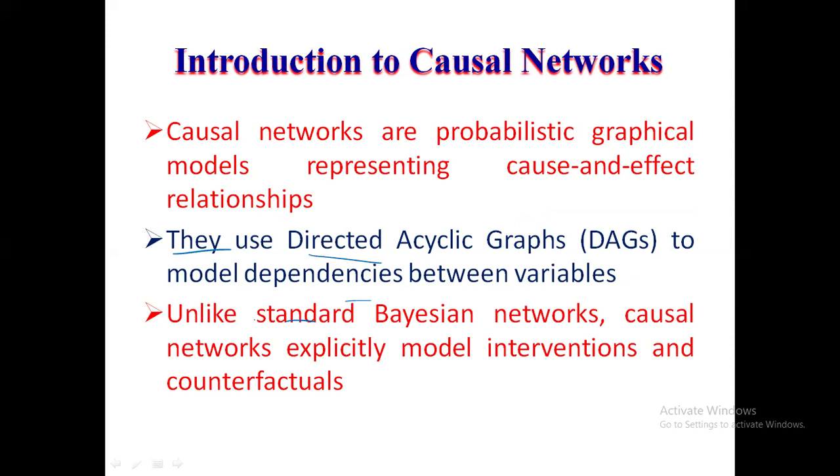That means while Bayesian networks help in probability estimation based on observed data, causal networks allow us to intervene in the system, for example applying a treatment, and predict outcomes even when such actions were not previously observed.